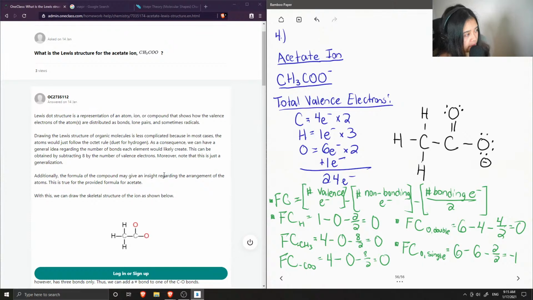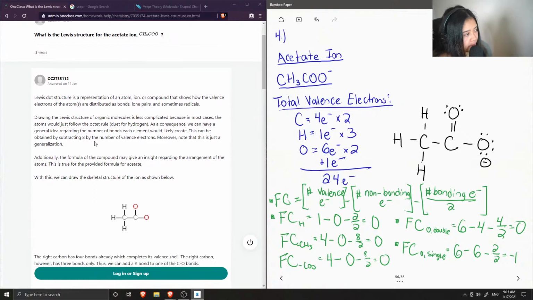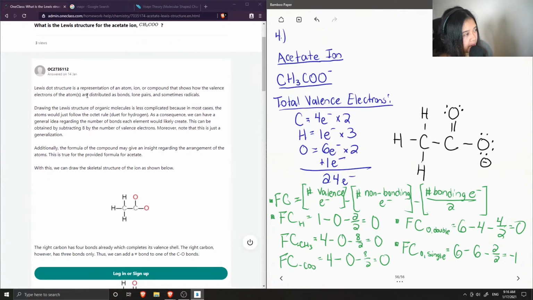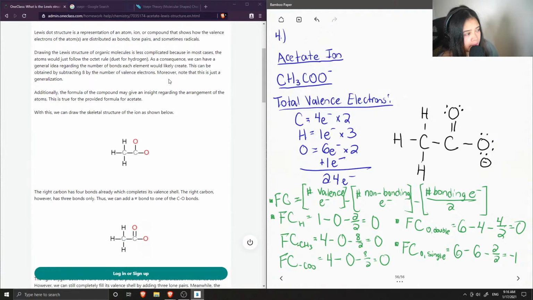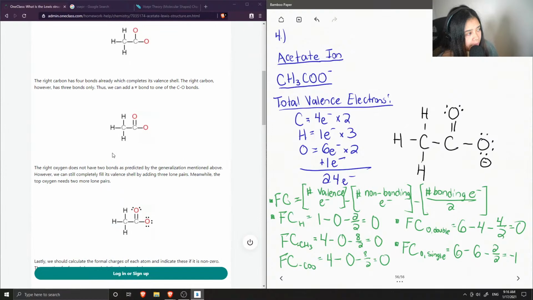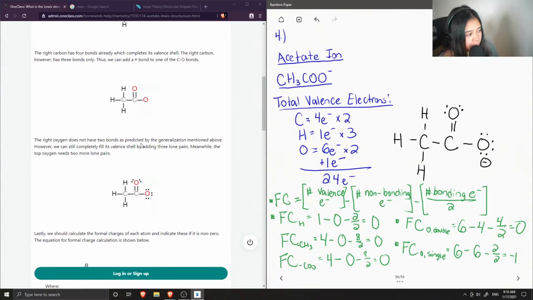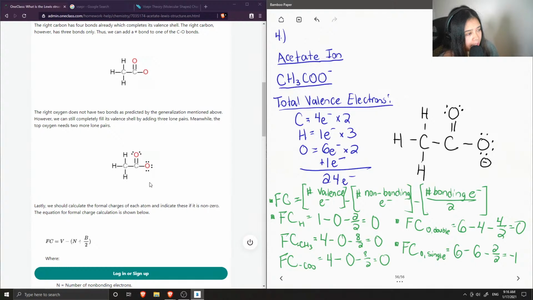So let's see what the junior tutor said. A Lewis dot structure is a representation of an atom, ion, or compound that shows how the valence electrons of the atoms are distributed as bonds, lone pairs, and sometimes radicals. So you can see they drew out their skeletal structure, made one of the oxygens have the double bond, and then they added in all of the lone pairs.